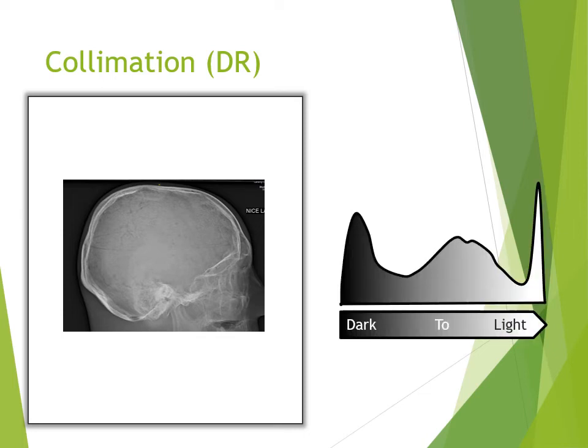A histogram is generated for the image. Note that there is a sharp, tall peak on the right side of the graph. The height of the peak indicates many white pixels, and the width indicates not much density variation for these pixels. These pixels represent mostly the unexposed pixels that exist outside of a collimated image.